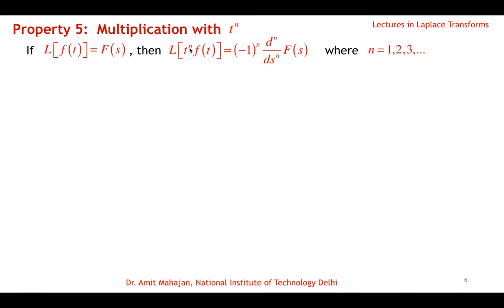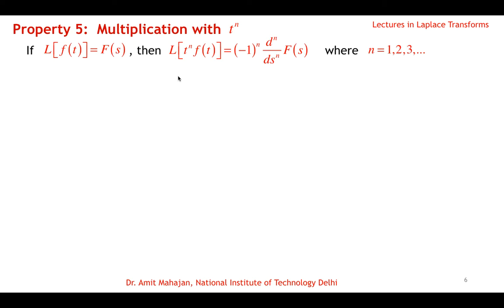So if n is 1, that means t f(t), it will be minus the first derivative of this. If n is 2, it is t^2 f(t), and here it is positive, the second derivative of F(s), and so on. Okay, so let us prove this result also.